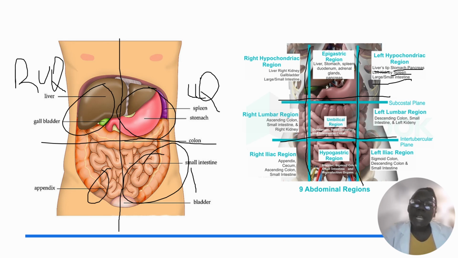And here in the epigastric region, we have more of the liver, that part. We have the stomach, we have the pancreatic glands, etc. And in the right hypochondriac region, we have a part of the gallbladder here.